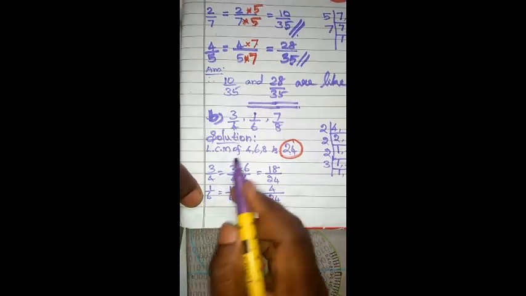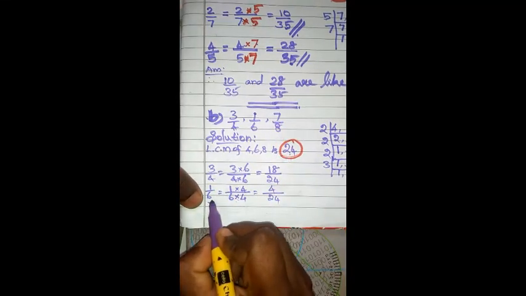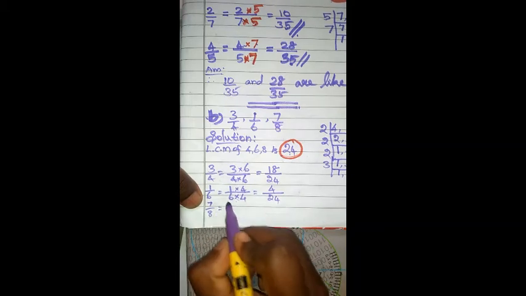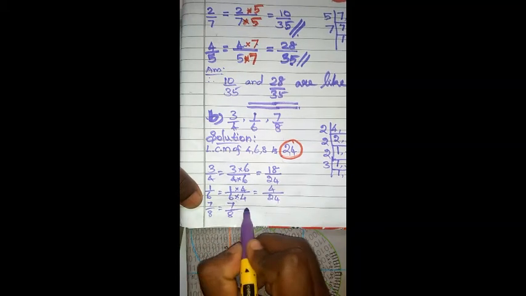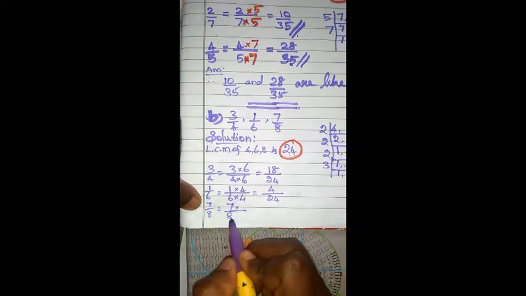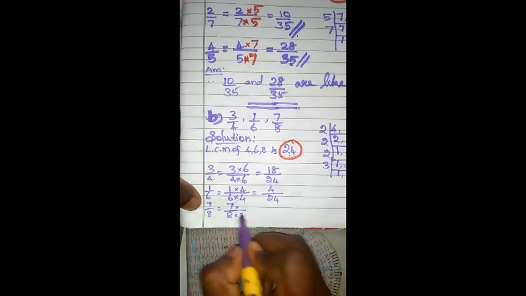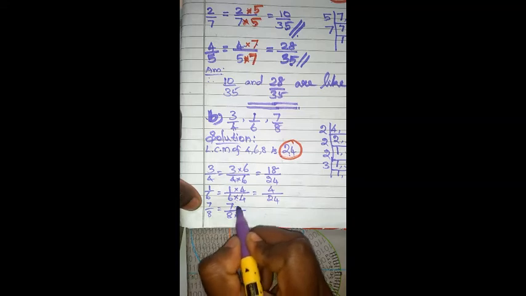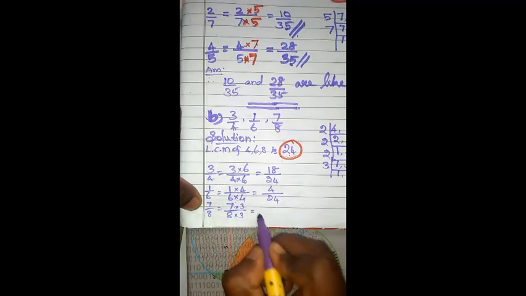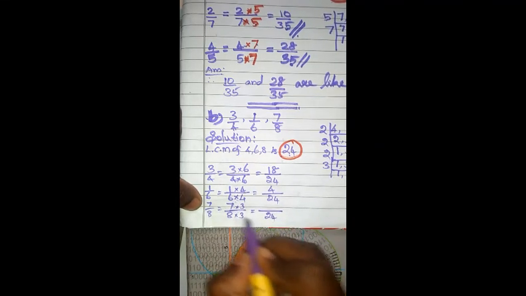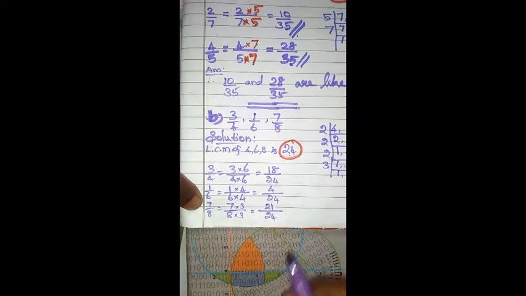Then the third fraction, 7 by 8. 7 by 8 is equal to, how many times 8? 8 3s are 24, right? Multiply by 3. 7, you multiply 7 by the same 3. 8 3s are 24 and 7 3s are 21, right?